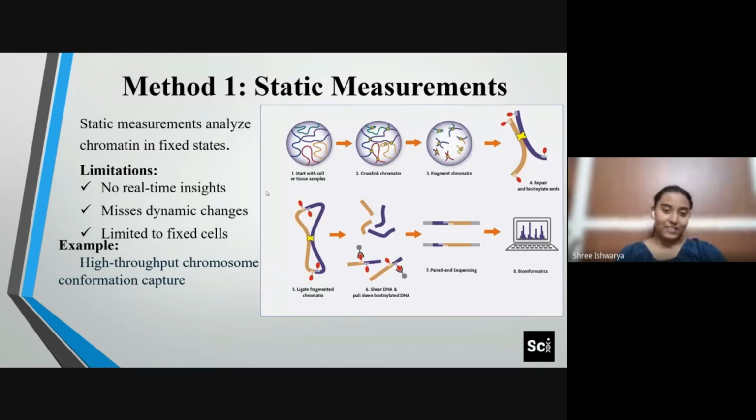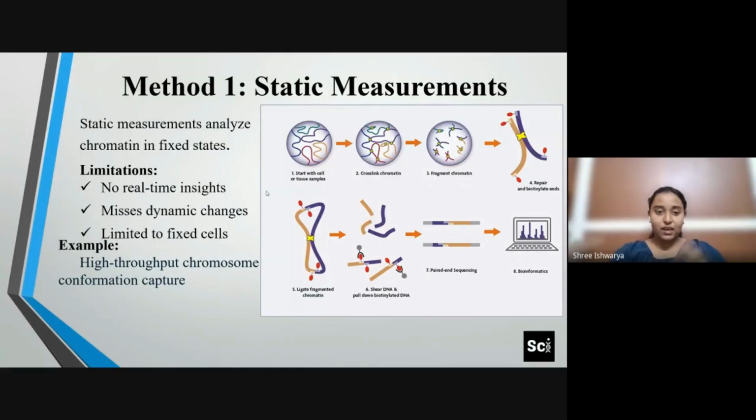Okay. So before going into our vector system, what are the traditional methods that were used before for studying our chromatin and their limitations? Because then that's when you understand why it is very important to use vector here. So first is static measurements.